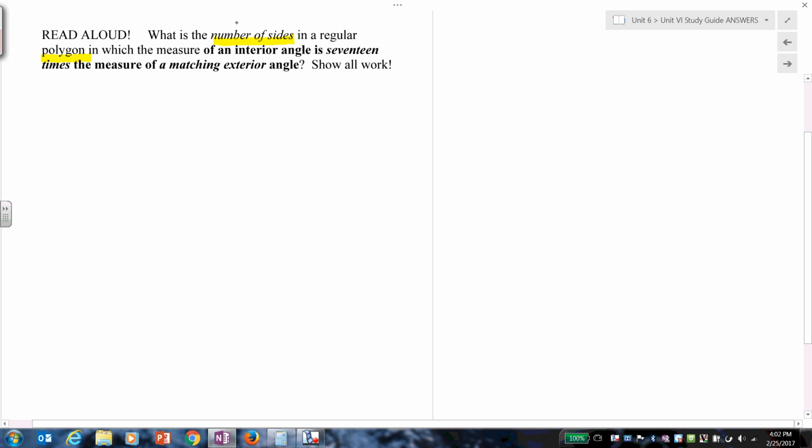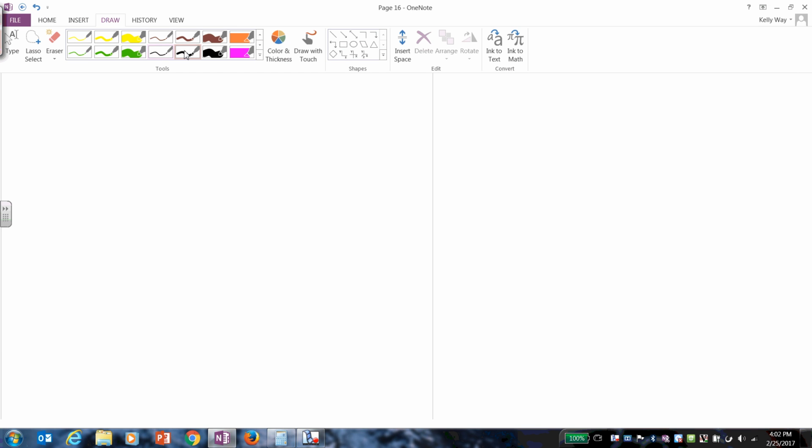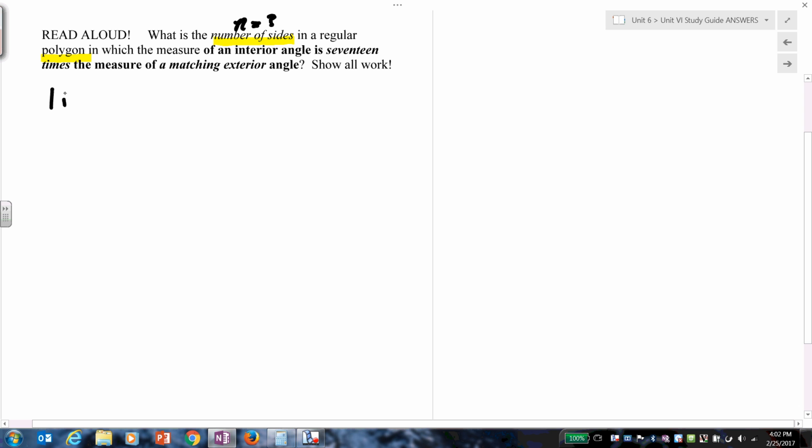It's very important to understand that we do not know the n here, which is the number of sides. What we do know, however, is that one interior angle is 17 times greater than that same exterior angle.